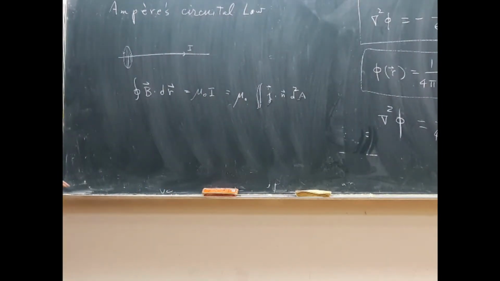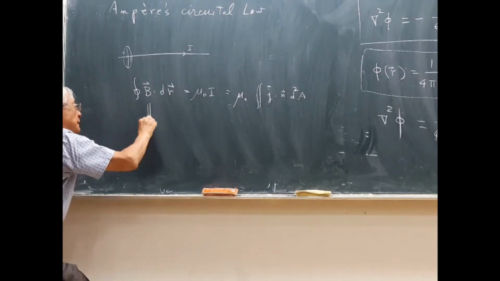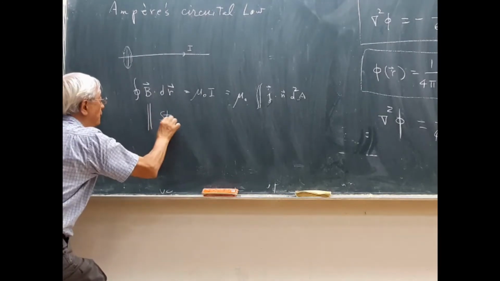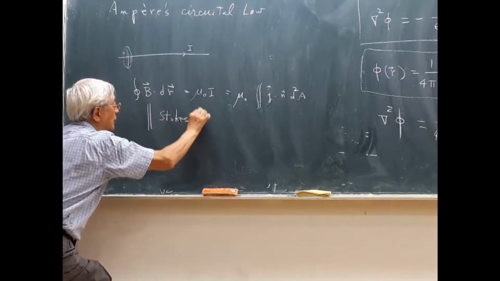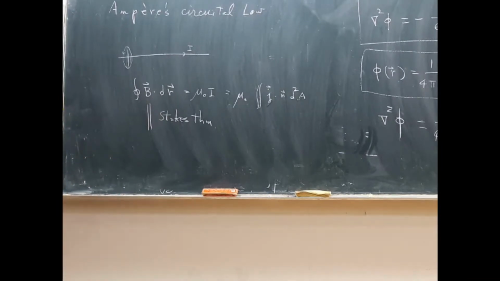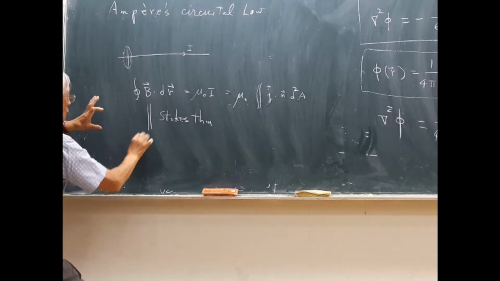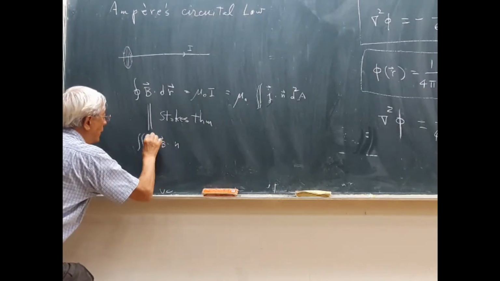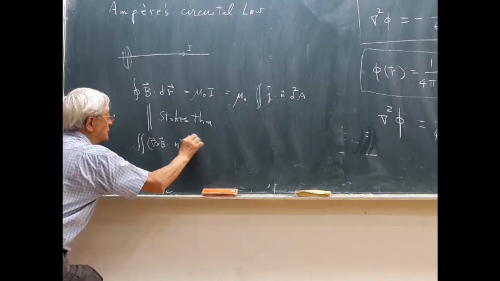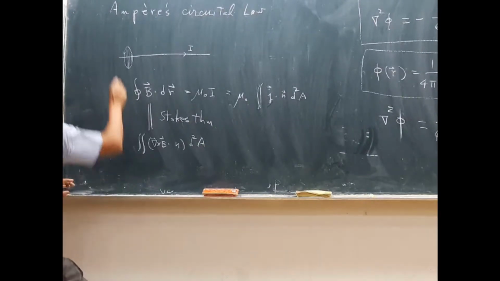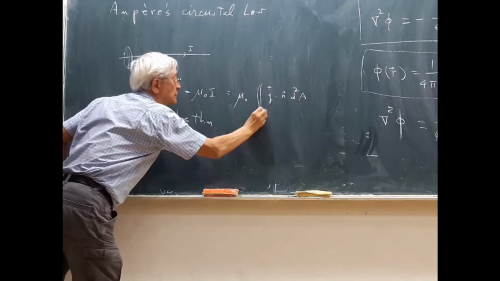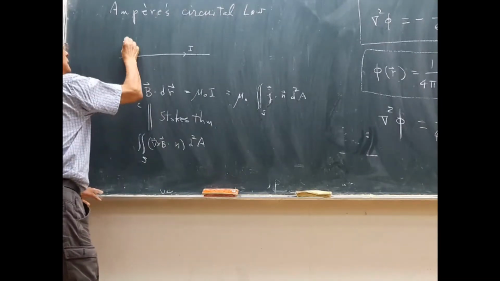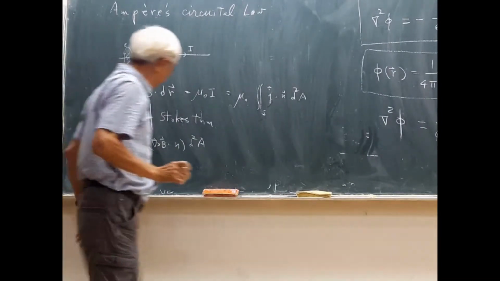And then Ampere's law is about the surface, and then we can use the so-called Stokes theorem. Stokes theorem states that a circular line integral of B around the curve is equal to the surface integral of the normal component of curl B over the surface.